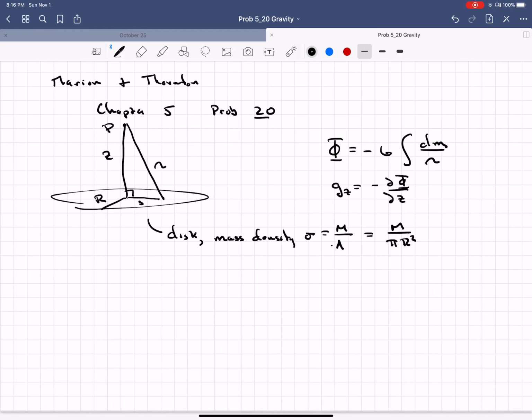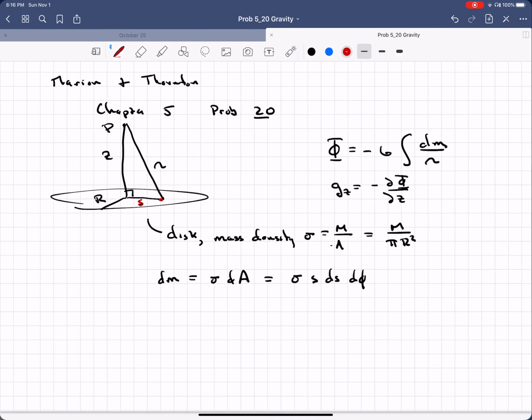So the way we do this is that we are going to say that dm is sigma times dA, and we want to work in cylindrical coordinates. So we'll write that as sigma times s ds d phi, where s here is some radial distance to some point that is sort of in the middle of the disk.